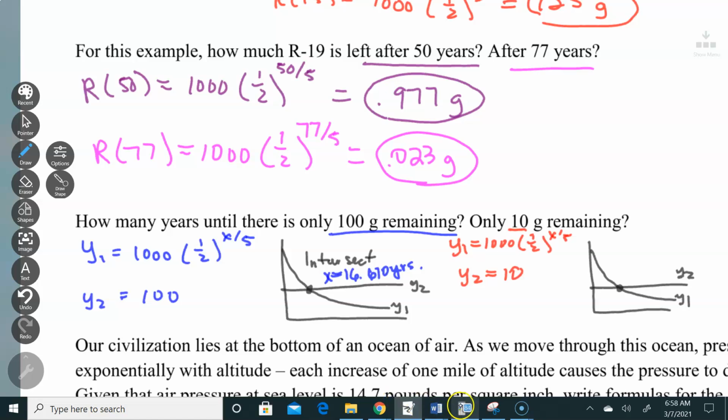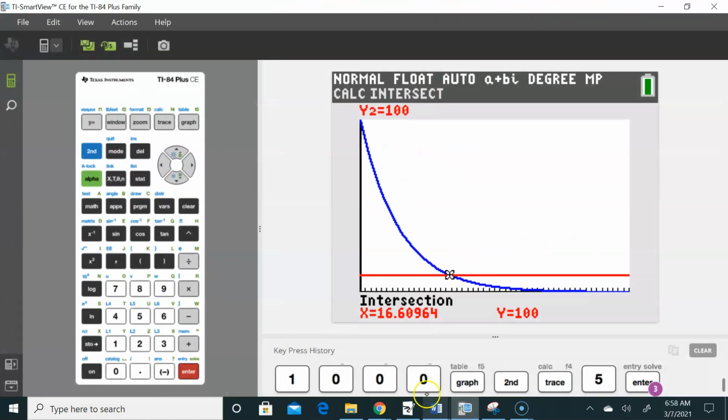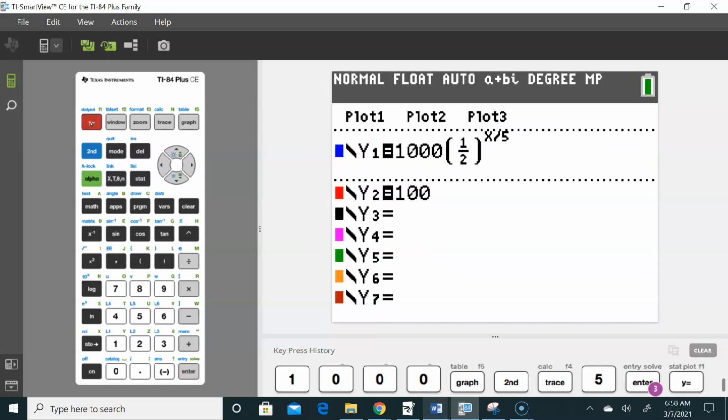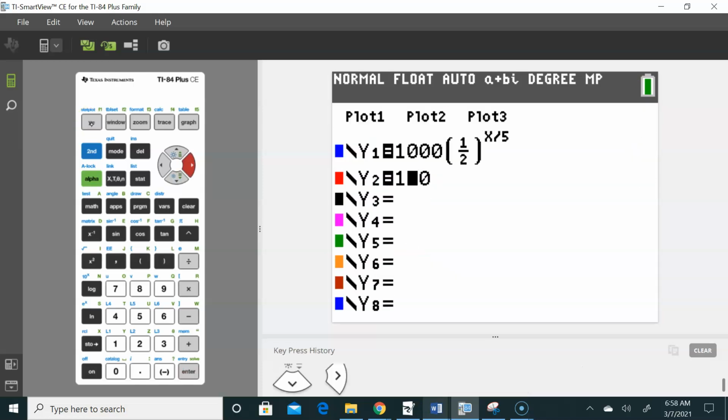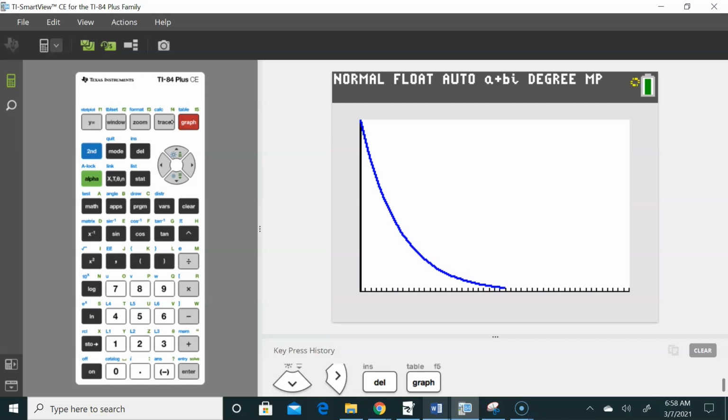And this is what I mean by changing my window. So I'm going to go to my calculator, go to my y equals. I'm going to change the second one to only 10. And I'm going to hit graph to see if it's a good window. And I could see it. Now, I don't like that. I mean, it's still going to do the intersection, but I don't really like that I can't see it.